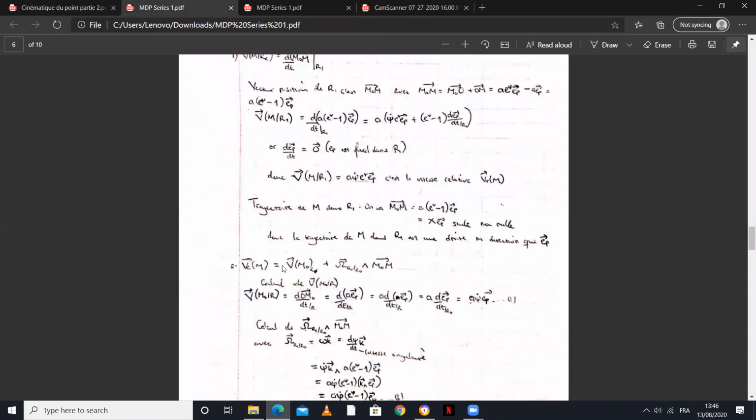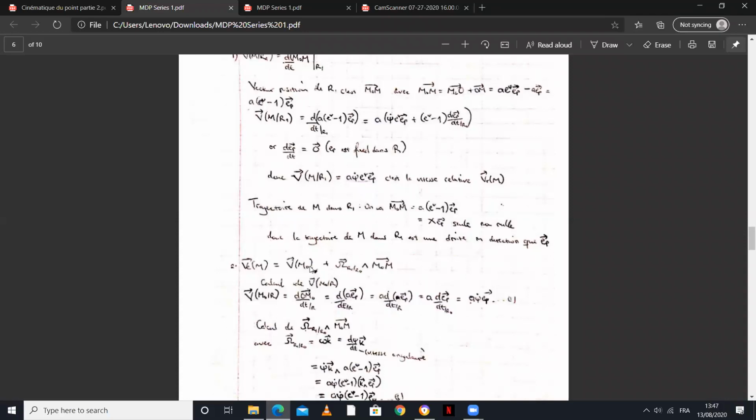So for vector d'entraînement, we're going to use the same formula, so you just have to know it. Vecteur vitesse d'entraînement égale vitesse de M0 dans le repère R plus rotation de R1 par rapport à R0 vectoriel M0M.